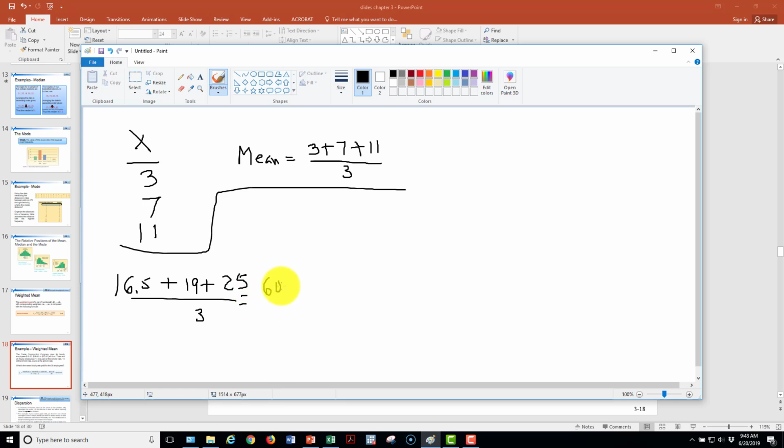The numerator is 60.50 divided by 3, which is 20.17 approximately, 20.166.